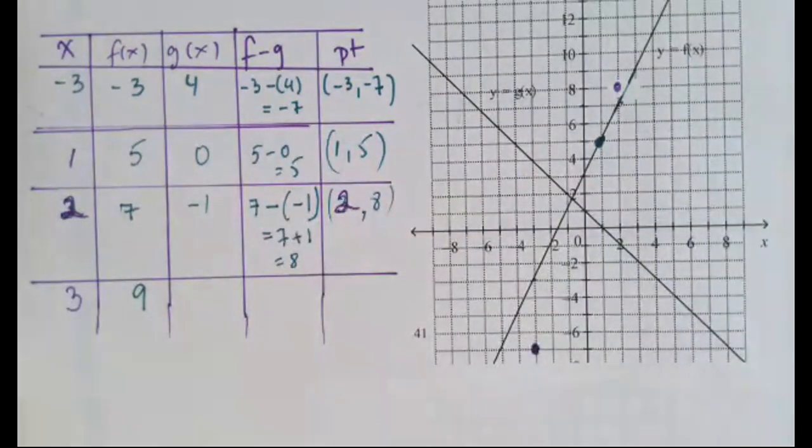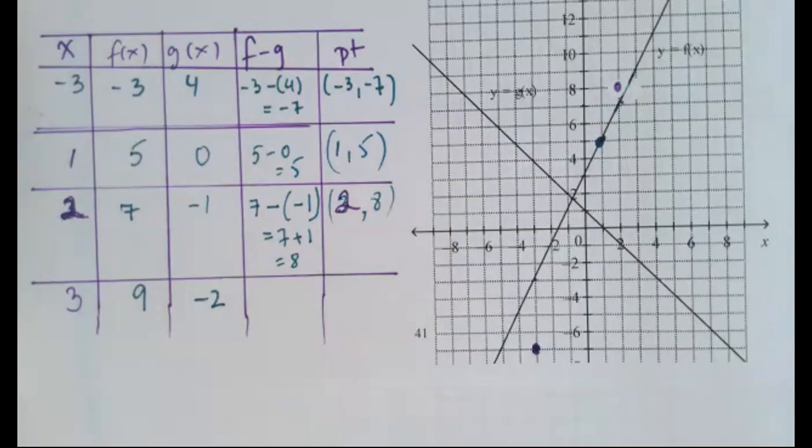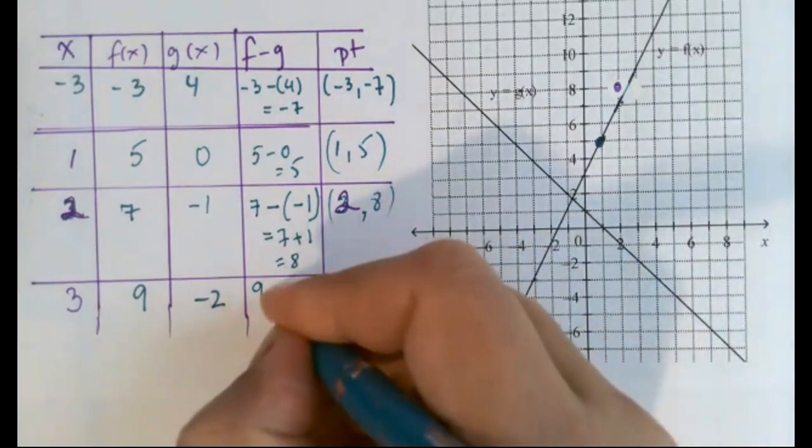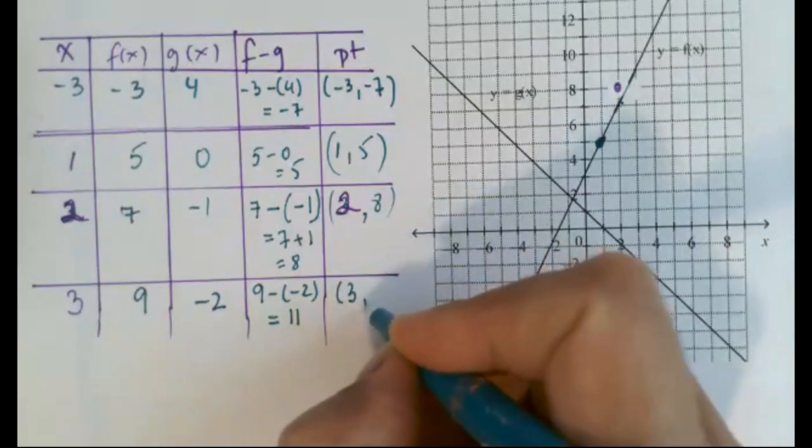Now we need g at 3. -2. And now we need f minus g. It'd be 11. The point is (3, 11).